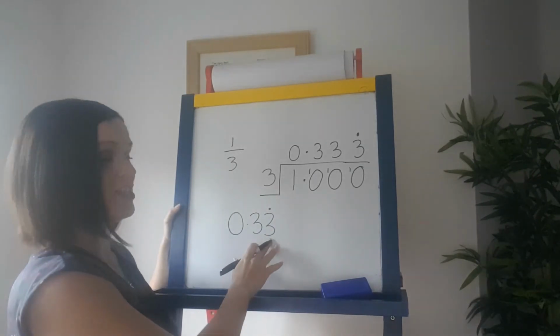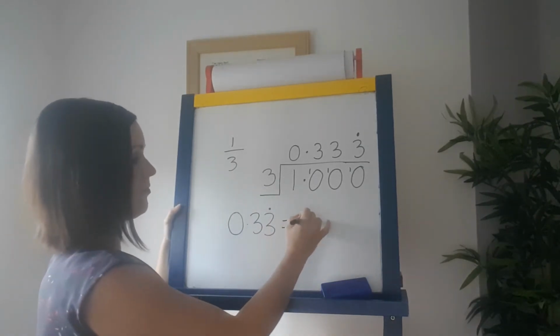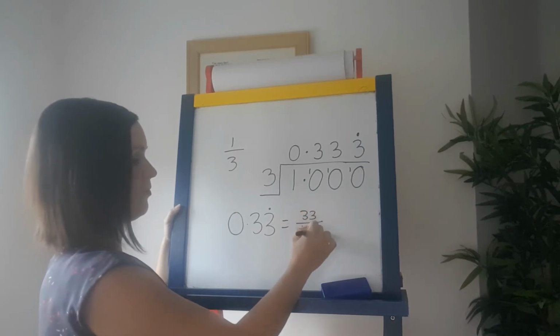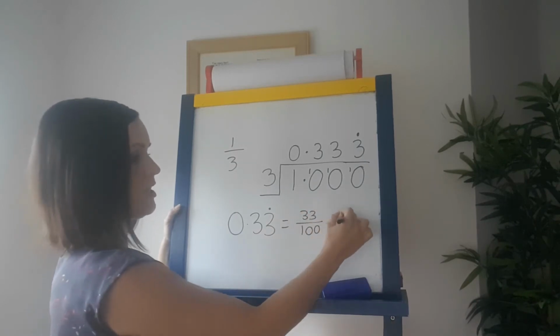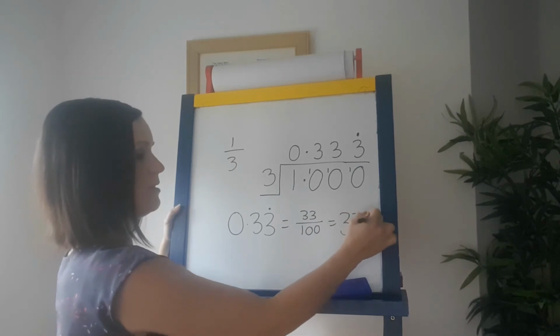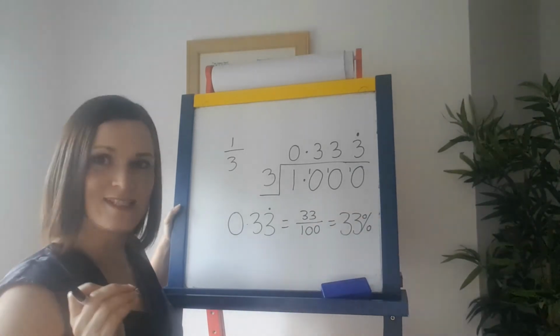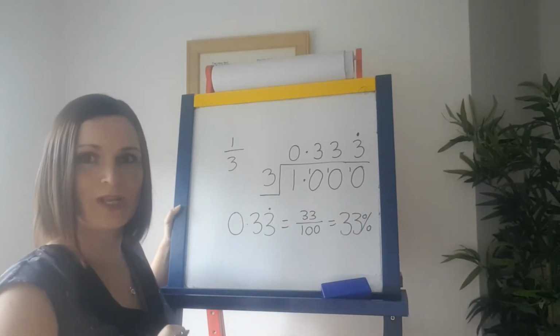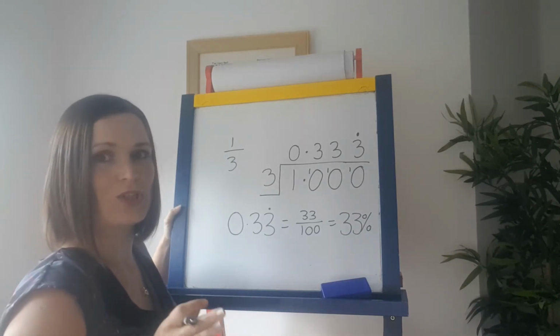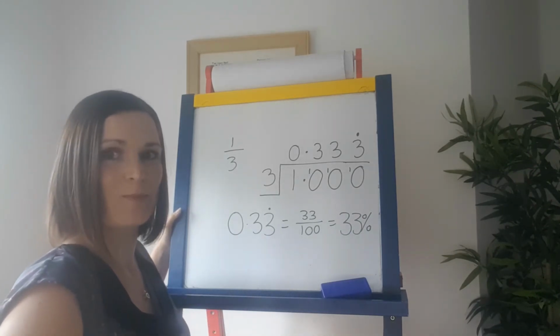Now that is 33 hundredths, which is 33%. So it's not exact, but it's the closest you're going to get. As 1/3 is as close to 33% as you're going to get.